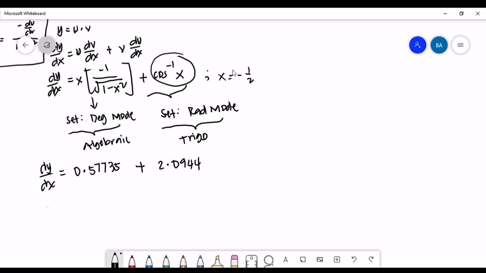So overall, our dy dx is equals to 2.672. So this is already our final answer.